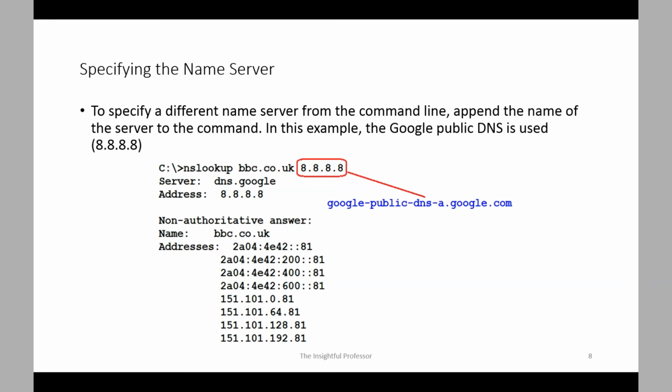This is the Google public DNS, and we're specifying use that server rather than our default server. It performs the lookup for us and returns the addresses associated with this name. Note again that this is still not an authoritative server.